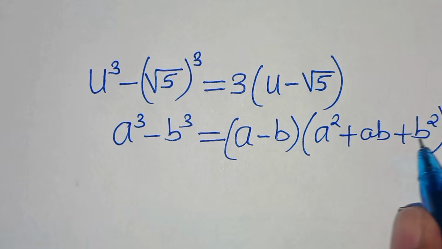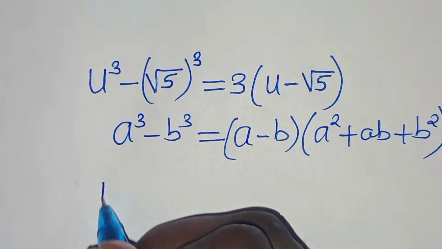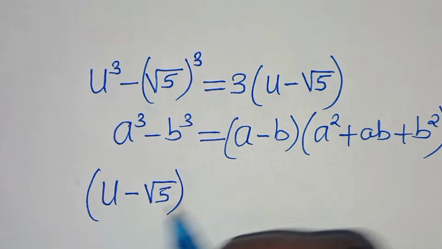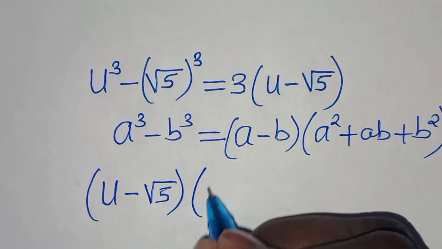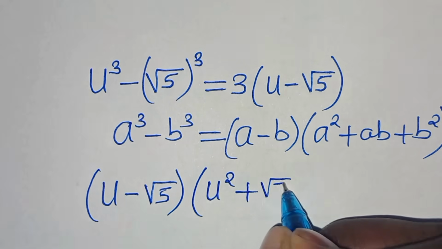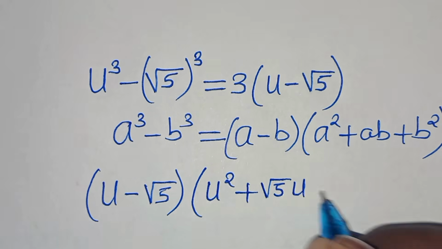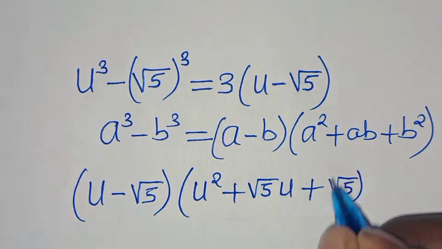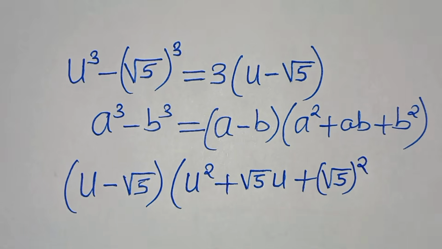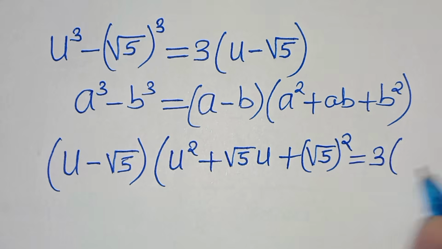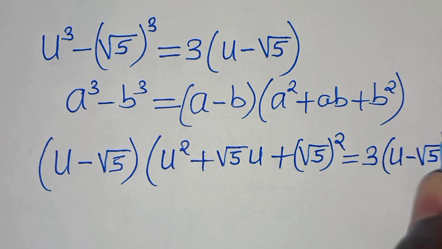Applying this identity, then here we have u minus square root of 5 into the parentheses, u to the power of 2, then plus square root of 5 multiplied by u, then plus square root of 5 raised to the power of 2. And this is equal to 3 into the parentheses u minus square root of 5.